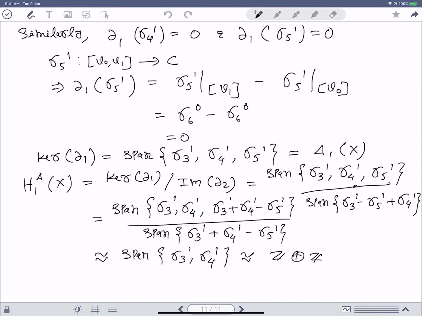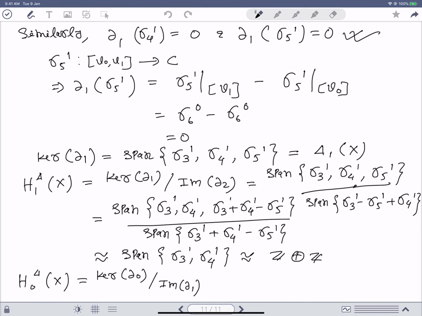Now what will be my H0 of x? Now that will be the kernel of del 0, which is just the 0 map, quotient with the image of del 1. But we know that the image of all of these elements is 0, right?